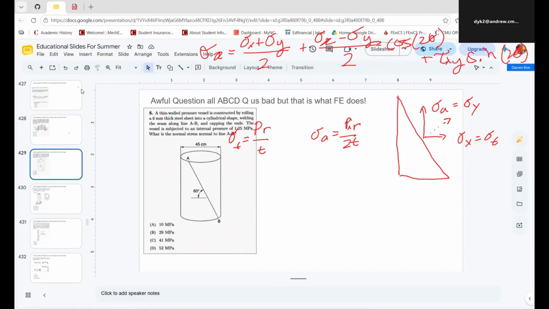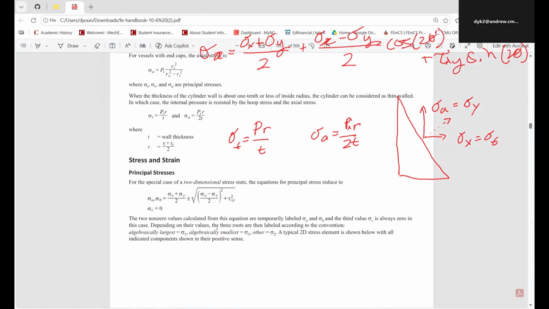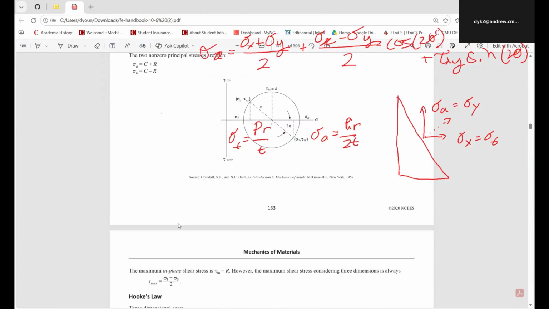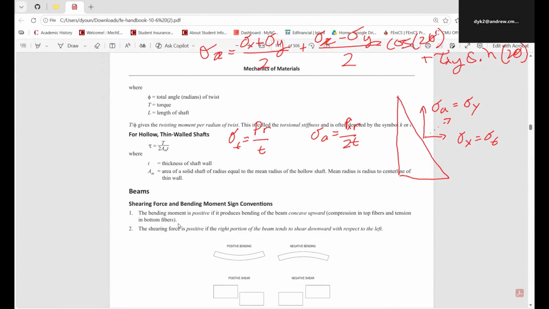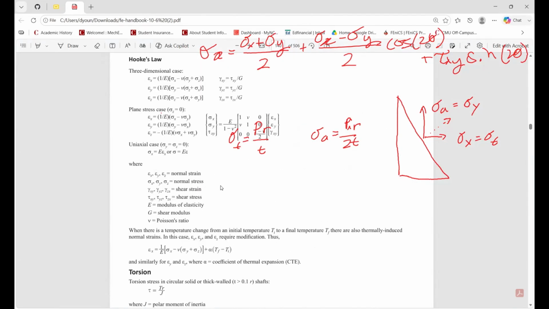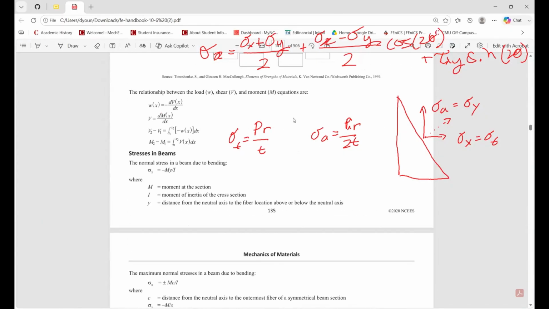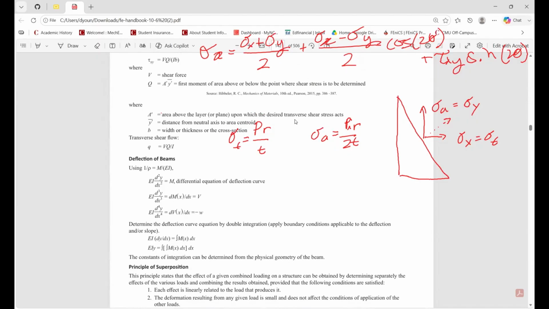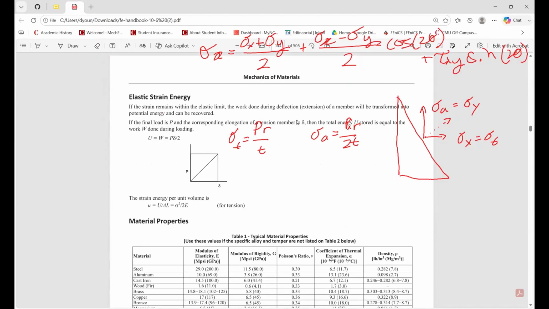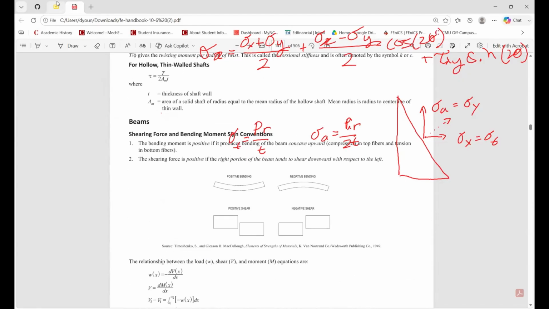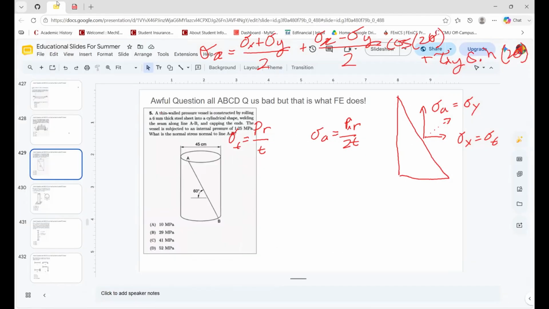If you go all the way here, I've been searching for hours trying to find this equation. The only thing we can find is this thing that's close to it, but there is no equation over here that has cosine and sine like that. You can memorize it for sure. I'm not saying you can't memorize this equation. But here's the thing: you don't want so many things memorized in your brain. There's a bunch of things to memorize, and I don't think this is something I would want to memorize. So let us solve it in a way that doesn't need that, okay?